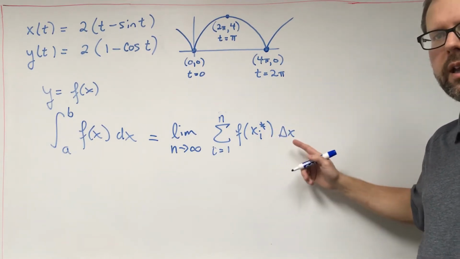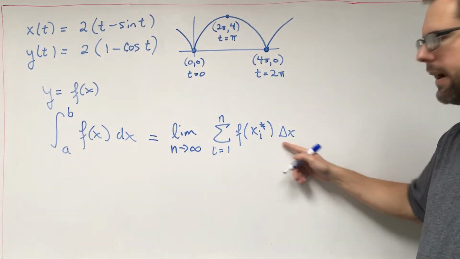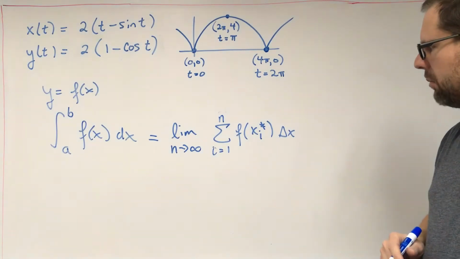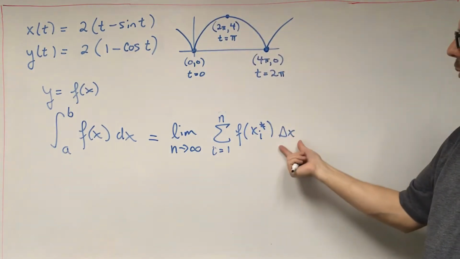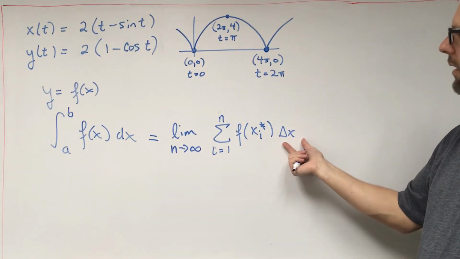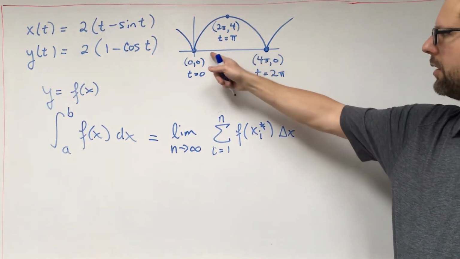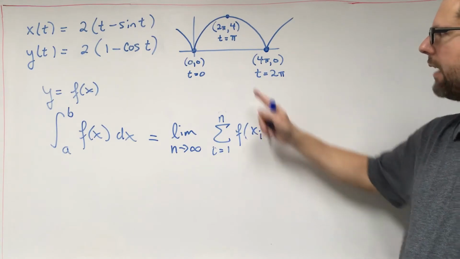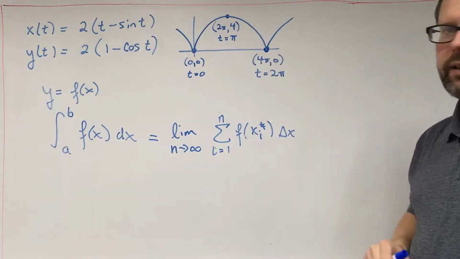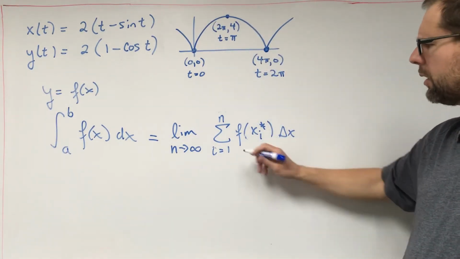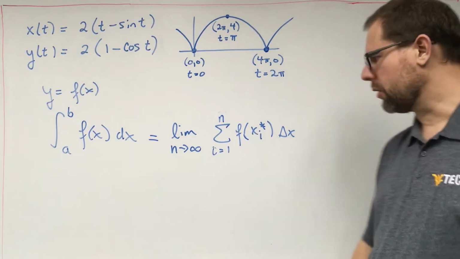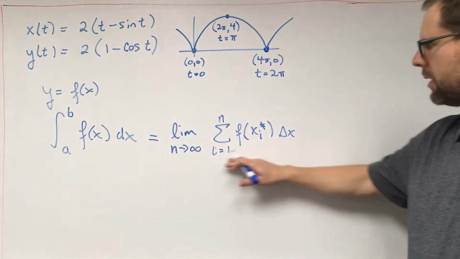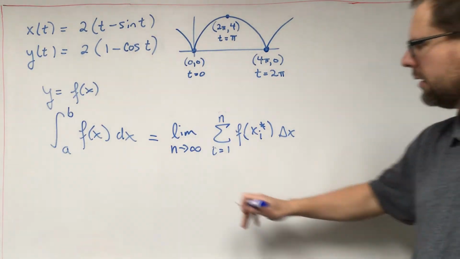I'm going to refrain from doing the most general case and just look at regular partitions for the moment. If we partition into rectangles, then we can take the width of the rectangle as delta x, and we can pick inside of each one of those rectangles a particular x value to determine a height of a rectangle to use. I don't want to rehash all of Calculus 1's discussion of where the integral comes from, but hopefully this looks familiar enough to you that we can proceed.